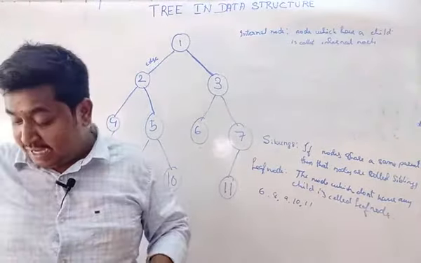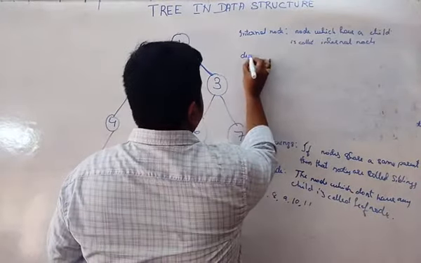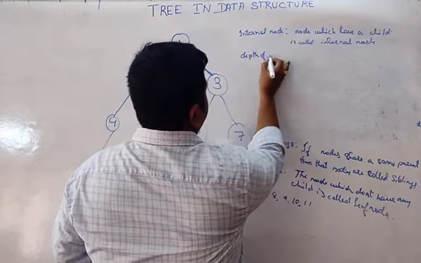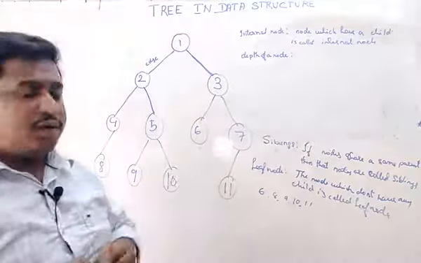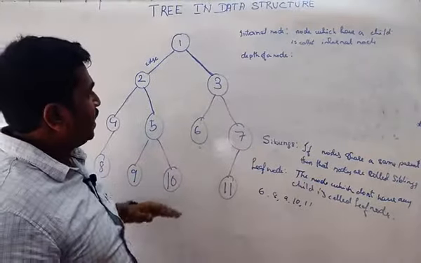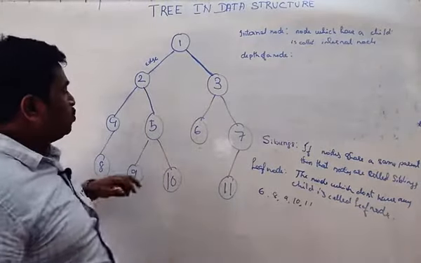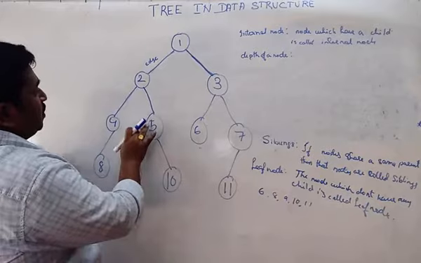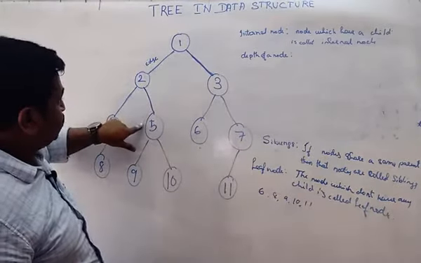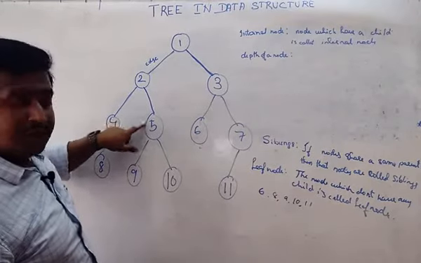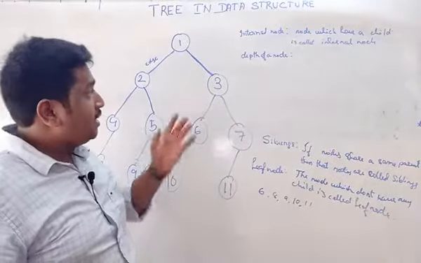Next, depth of a node. What is the depth of a node? If I want to find the depth of 5, the length of the path from the node to the root is known as the depth of that node.